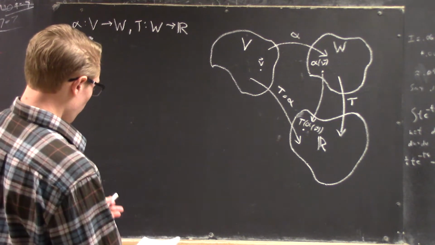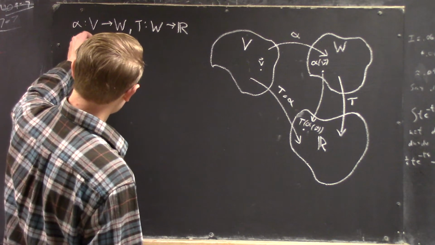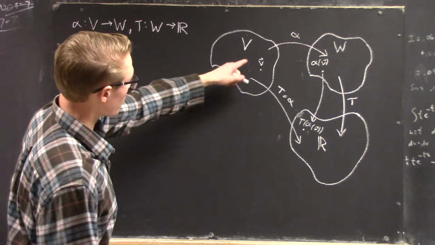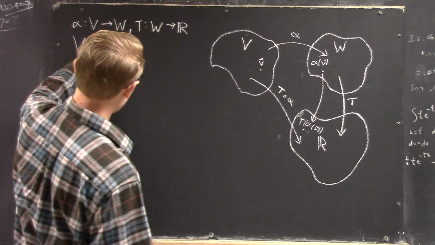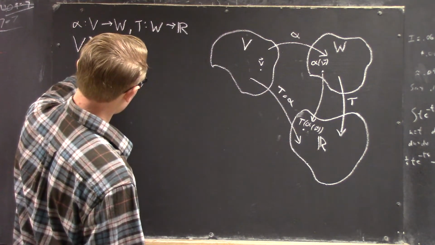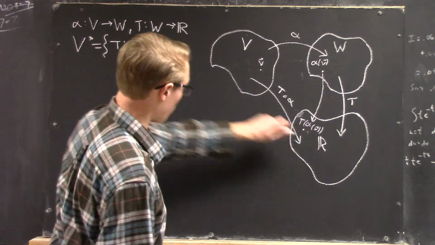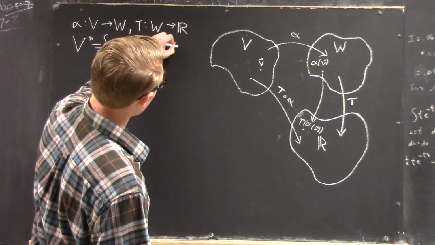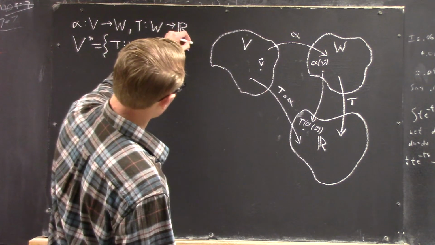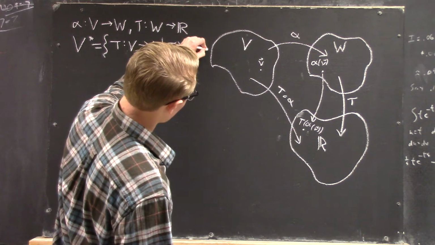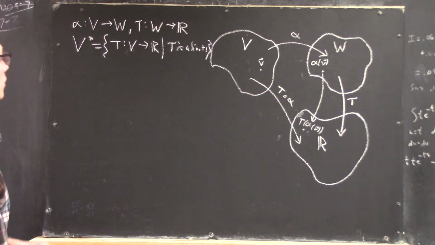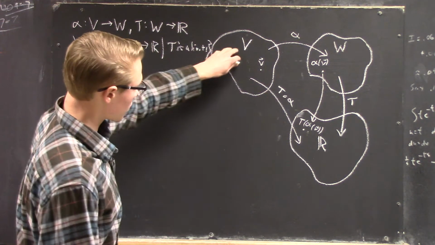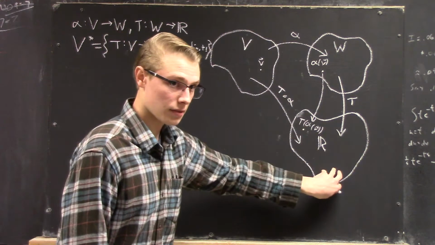Well, V star is equal to the set of all the transformations T from V to R such that T is a linear transformation, of course abbreviated. And that would encompass all the possible transformations from this vector space to this space.